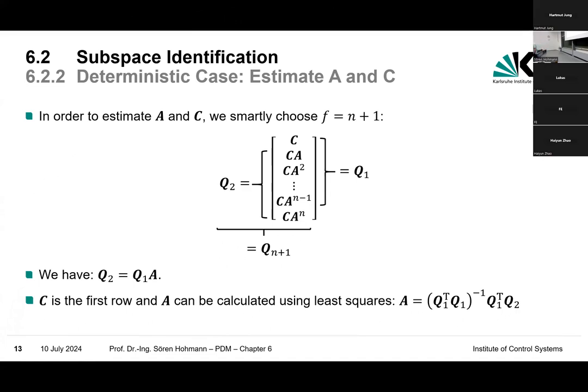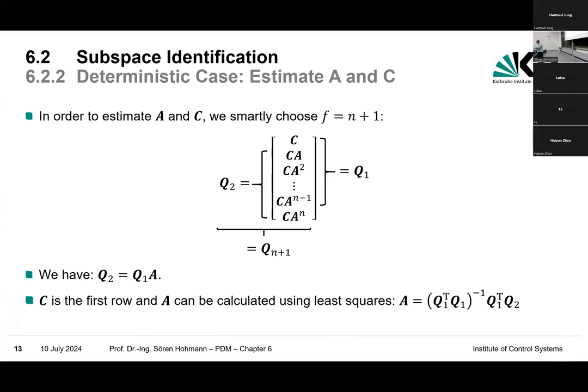Well, this is simple. Why? Because you can look at QF at two different time instances. Again, we use a nice property of the observability matrix: if you multiply a submatrix of the observability matrix with A, you get the next one, the next row.